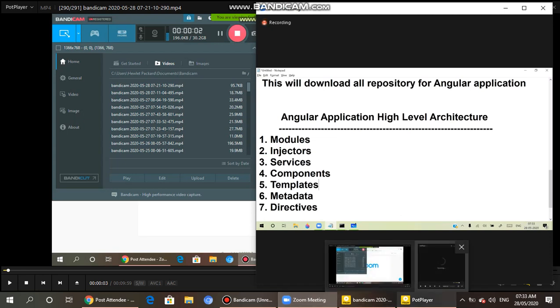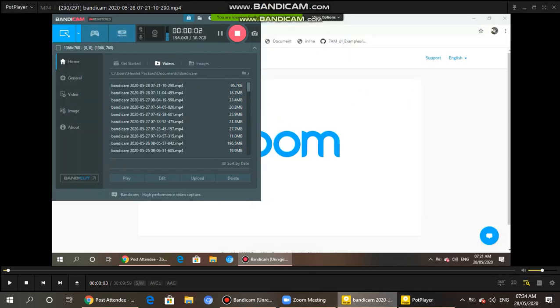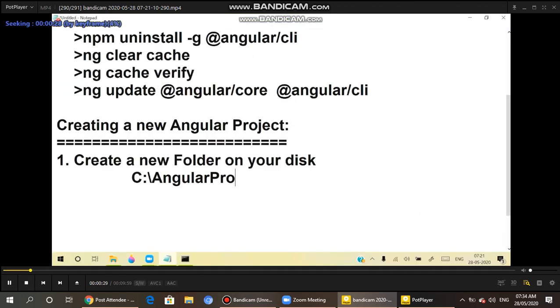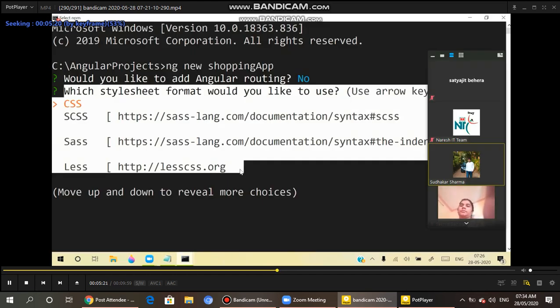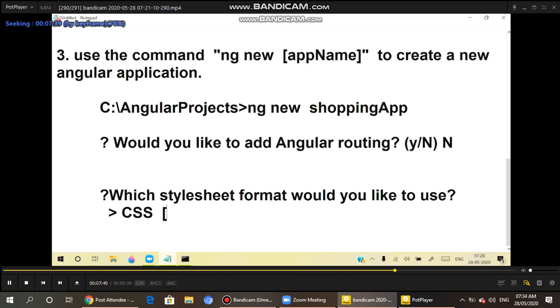Once you start exploring Angular, you can understand the internal flow also, meaning how it works inside, in detail. But generally, an Angular application comprises of modules, injectors, services, components, templates, metadata, directives. These are the key components.